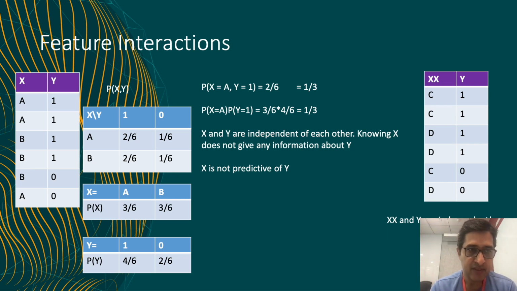However, what these filter methods don't take into account are what are called feature interactions. To give you an example, this is a toy example of how you could have two features, each of them independent of the label or the variable to be predicted. But when combined together, they can work together and predict the variable.